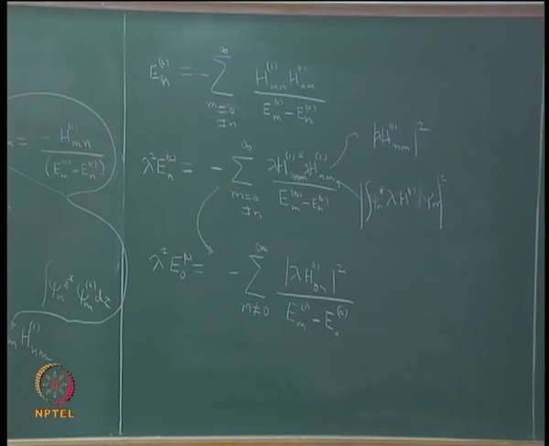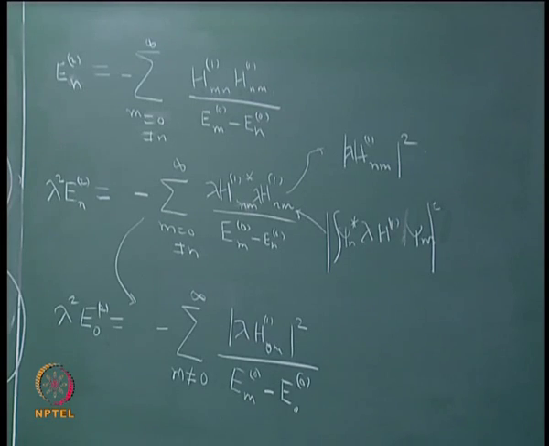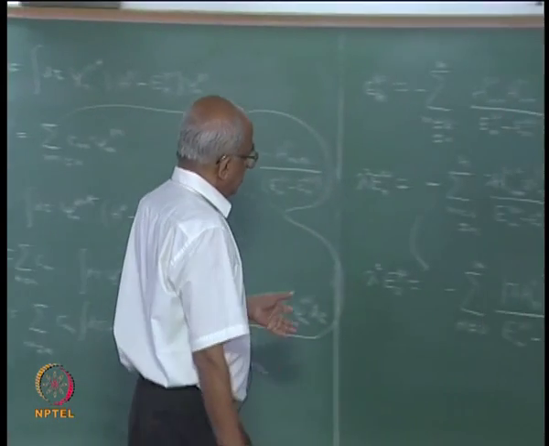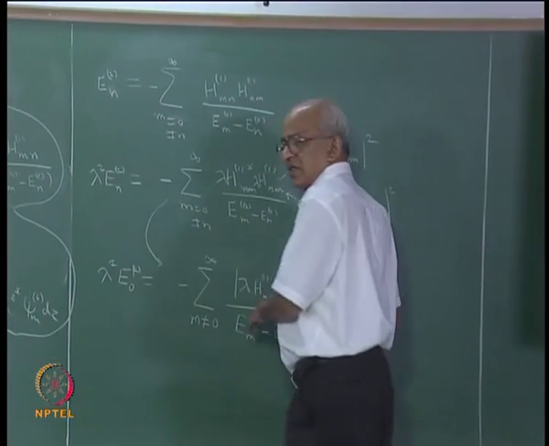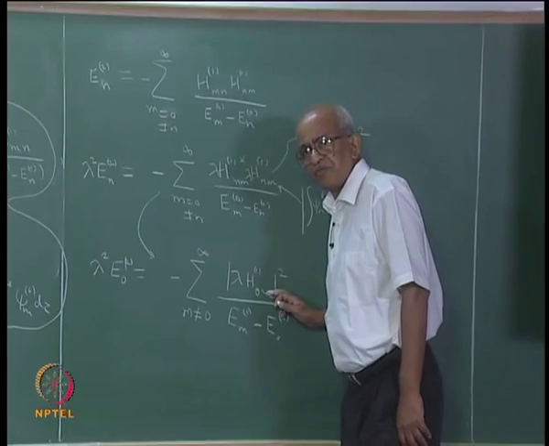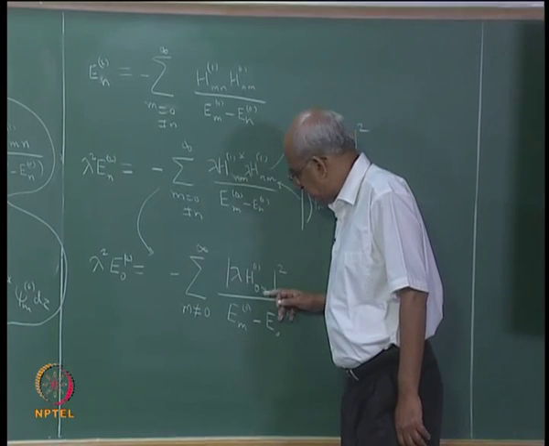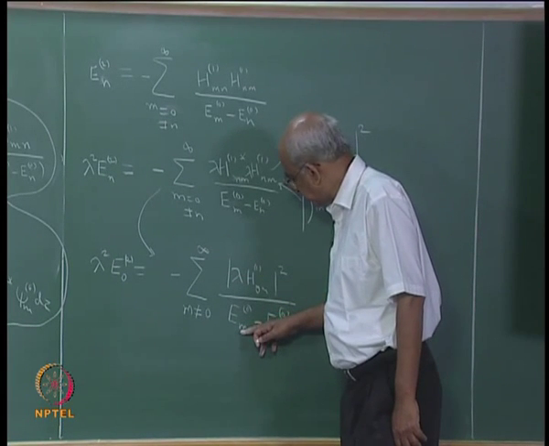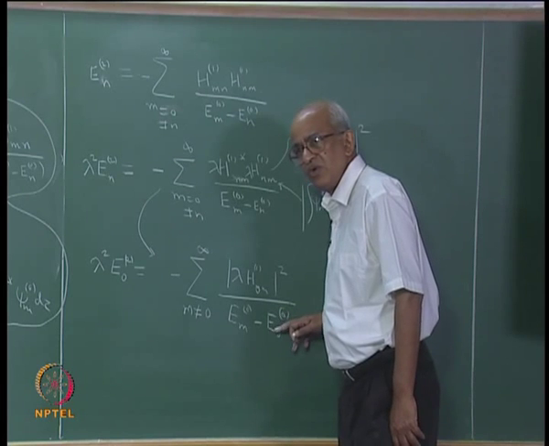This will be the expression for the correction to the energy of the ground state, and this expression is quite interesting because this is a magnitude square that is guaranteed to be positive.